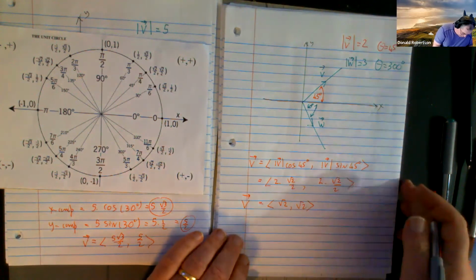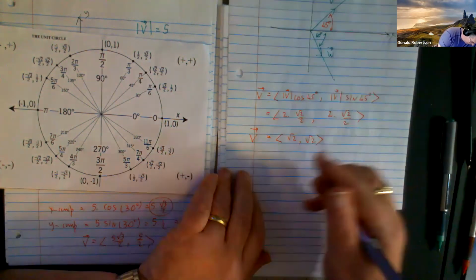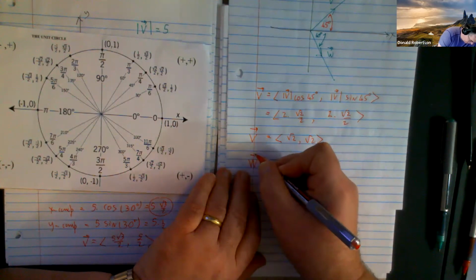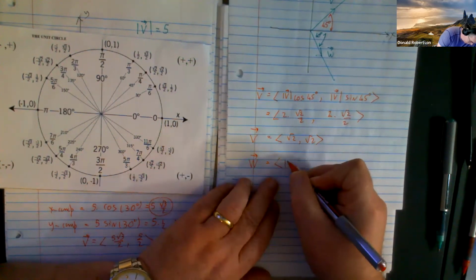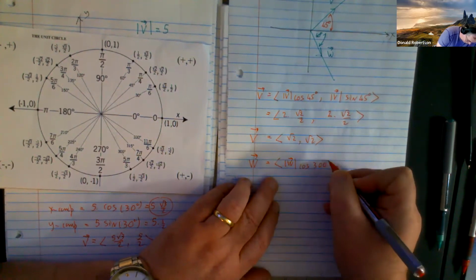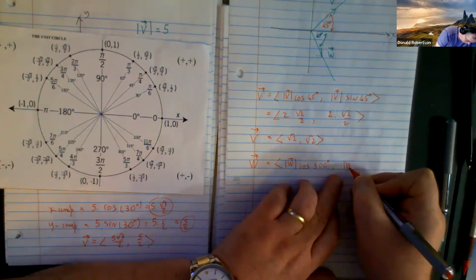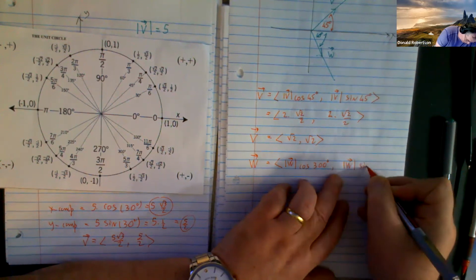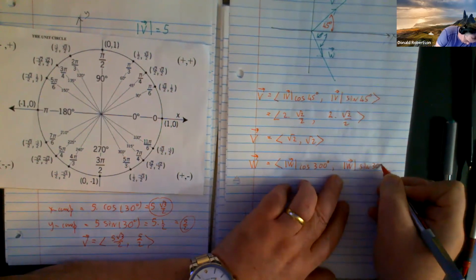Now, the other one I'm calling W. It's going to be the magnitude of W times the cosine of 300 degrees. The magnitude of W times the sine of 300 degrees.